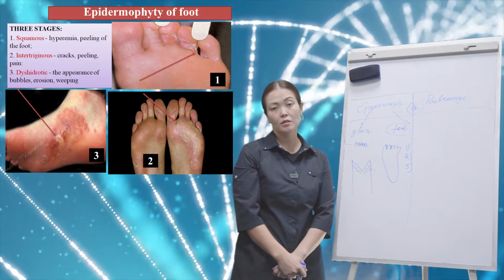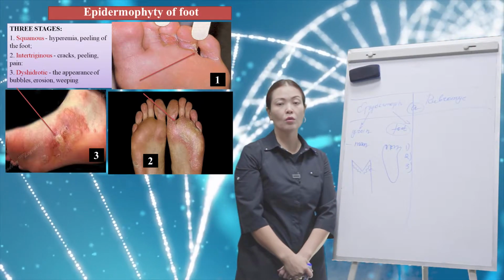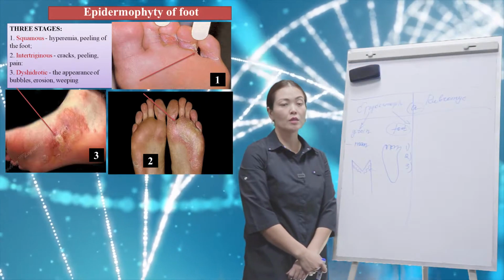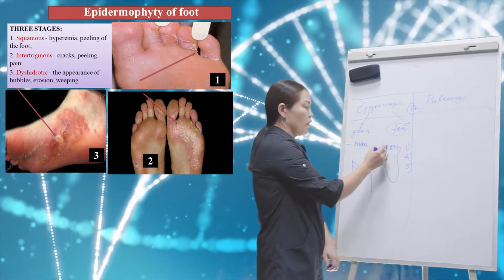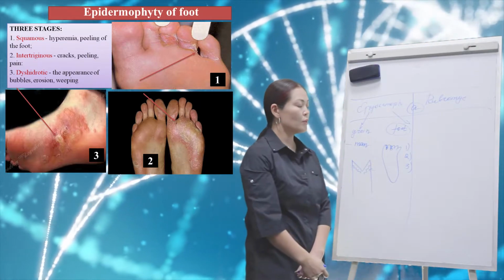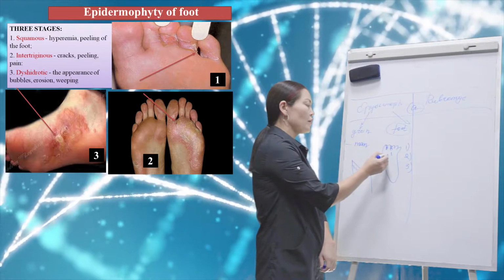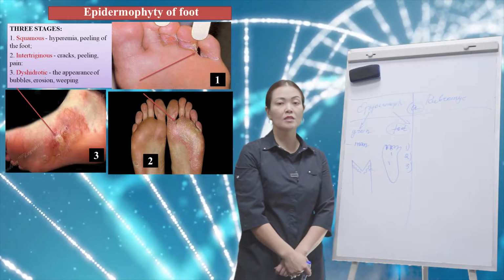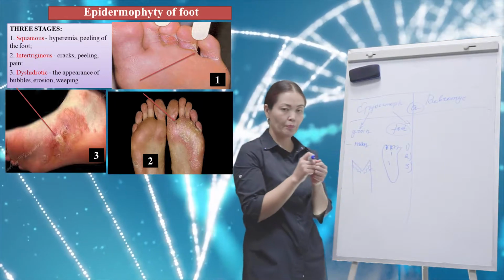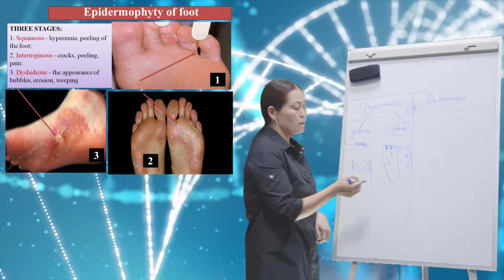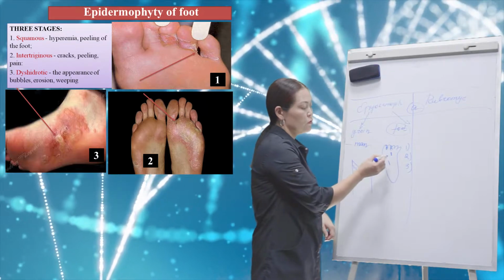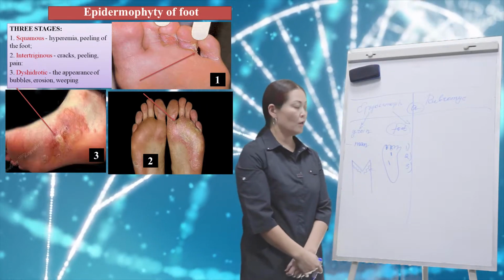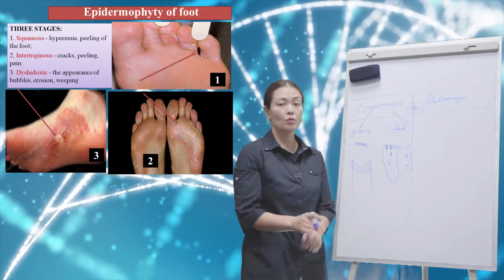At the second stage, which we call the intertriginous stage, you will see not only whitish peeling between the fingers but also some small fissures. It means that the skin of the patient lost elasticity, the skin starts to break, and in this region you will see the fissures, and the patient will feel pain when moving.